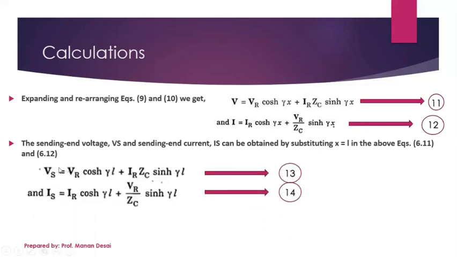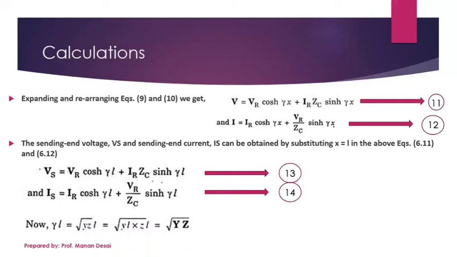So VS is equal to VR cosh gamma L plus IR ZC sinh gamma L. We replace the distance X by the length of the line L. So we got equation numbers 13 and 14 in the form of cosh and sinh.